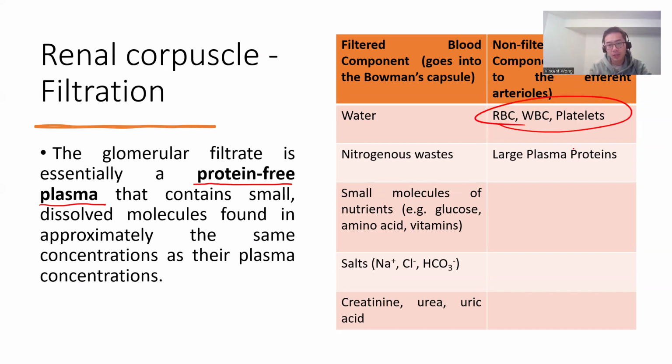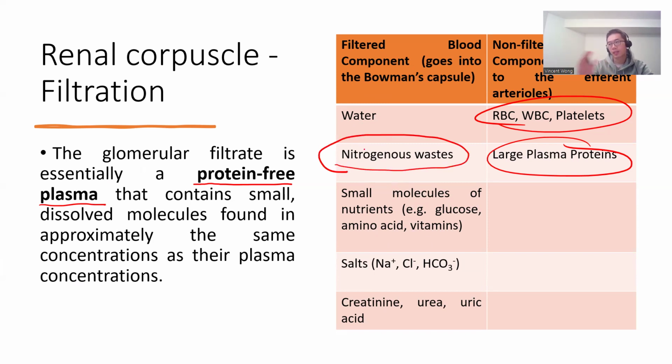So cells and proteins are the non-filtered component, and they will continue on to the efferent arteriole. Whereas all these things, the water, the waste, glucose, nutrients, salt, are going to come out and be captured by the Bowman's capsule. Now, again, I have to emphasize, at this point, it's not that all the waste products are going to come out.